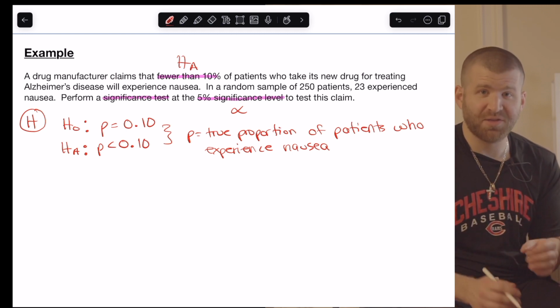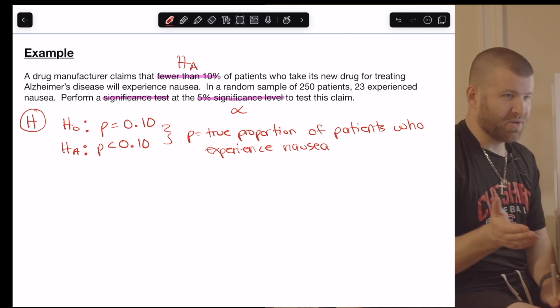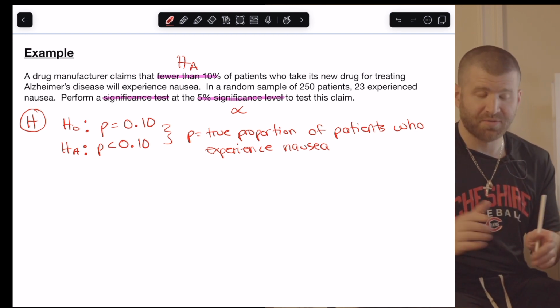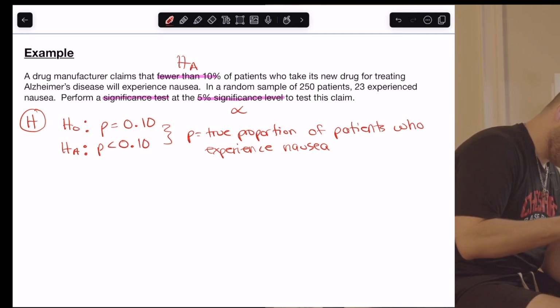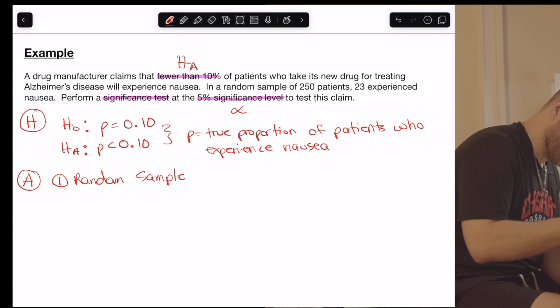If it was the AP exam, totally different story. So, H, done. A for my assumptions. I still need a random sample, which I can quote the problem here, right, where it says in a random sample of 250. That's a capital I.